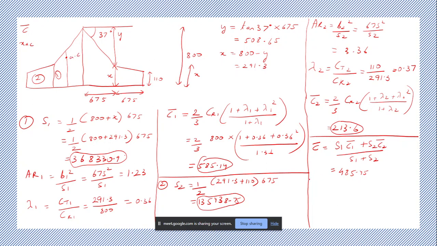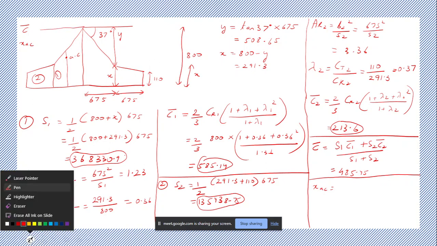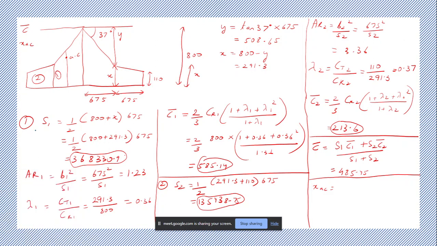Now we need to find out XAC. How do we find out XAC? XAC, I should denote it here with another color. So this quantity is XAC.